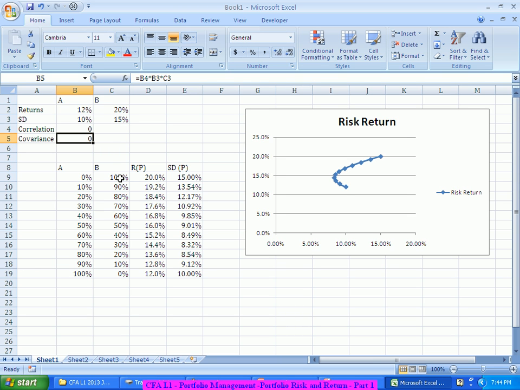Right? I am willing to take 10% risk. See, not everyone wants a global minimum variance portfolio, right? What we are saying from this graph is, the minimum risk that can be there with this portfolio is 8.32% standard deviation. The maximum is 15% standard deviation.